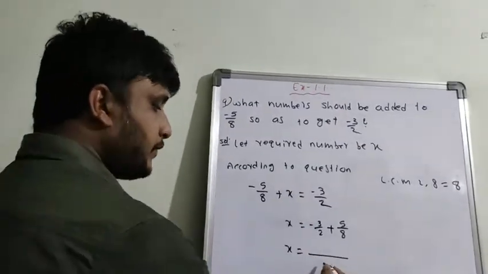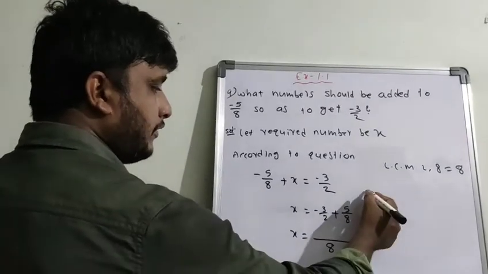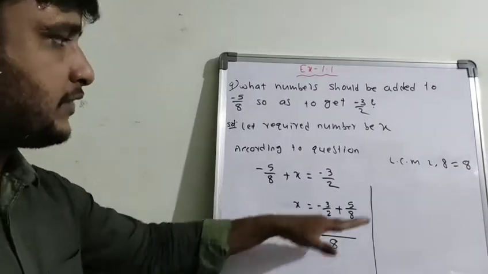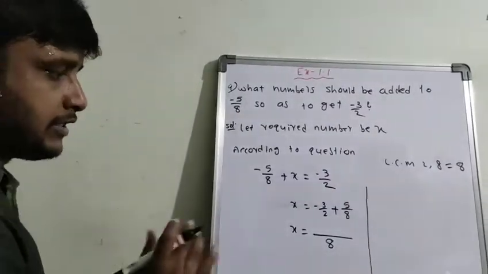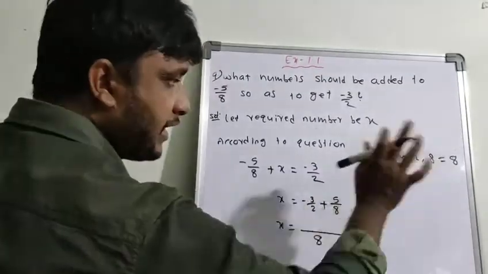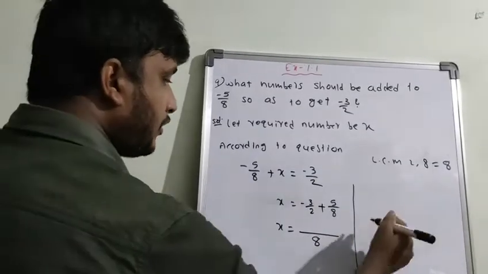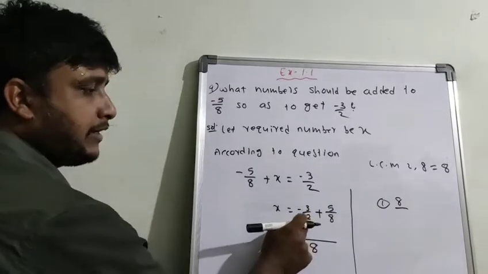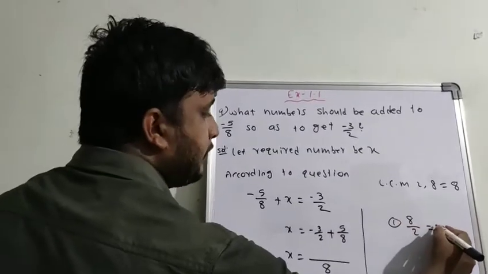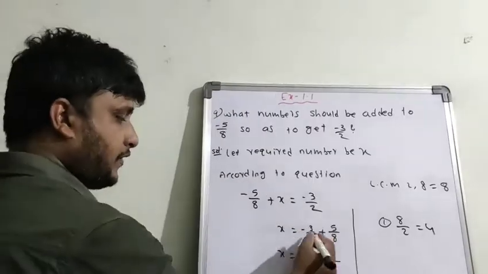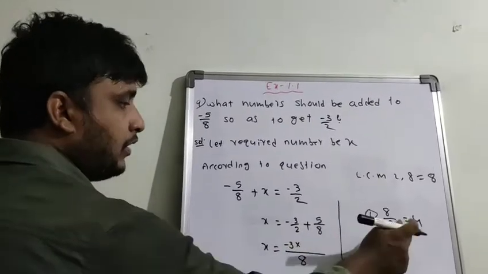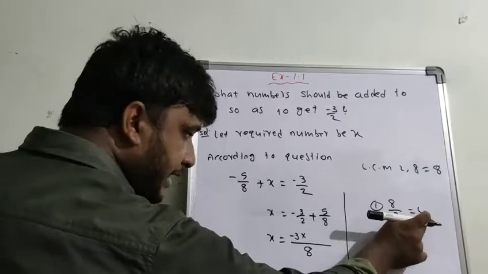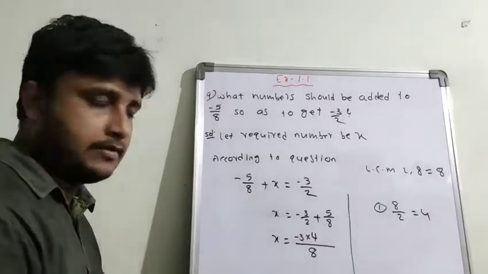We can do this calculation in two methods. The first one is the LCM method. First you have to find the LCM of the denominators. LCM 8 by the denominator here, 2: 8 by 2, 4 you will get. So minus 3, the numerator, into the number you get after dividing the LCM by the denominator, you write here.